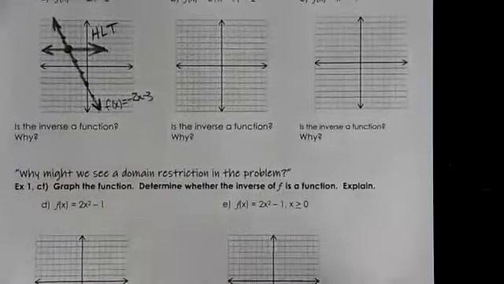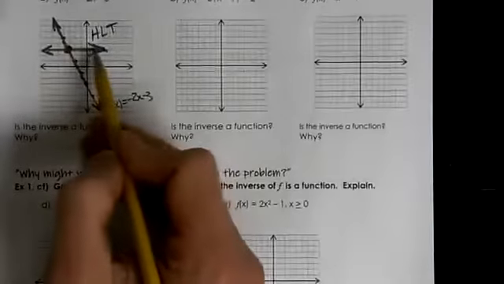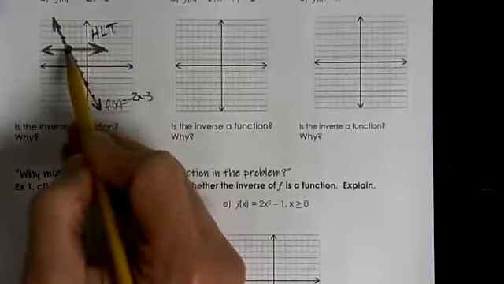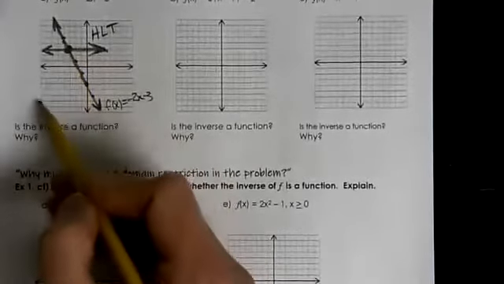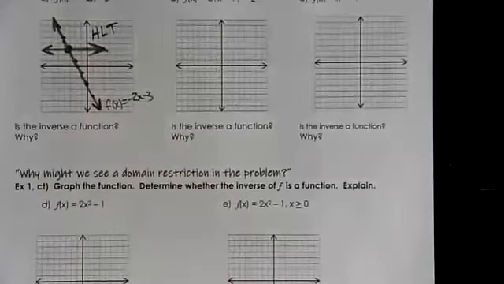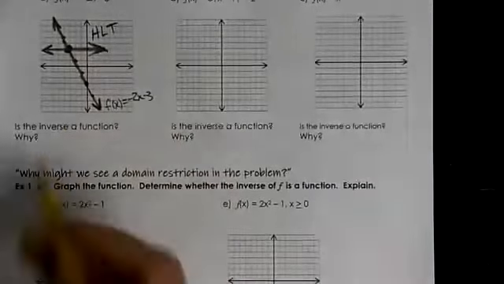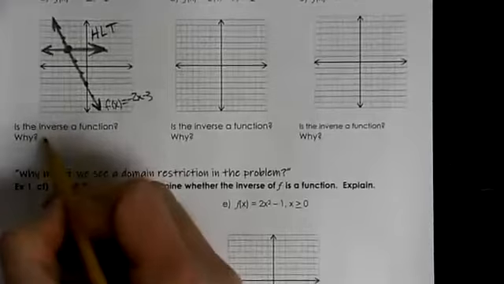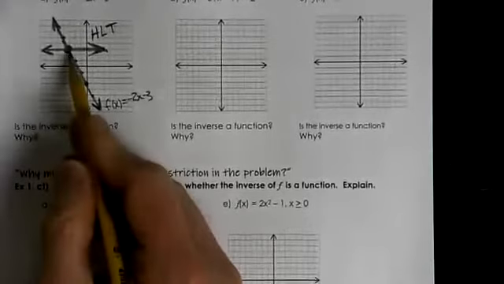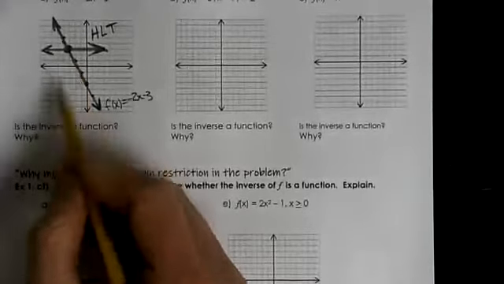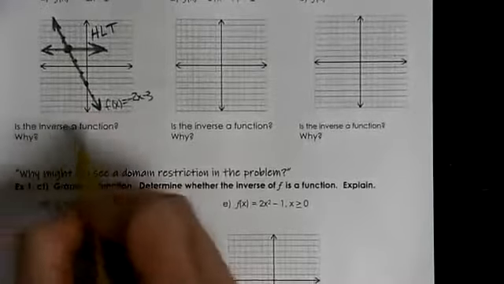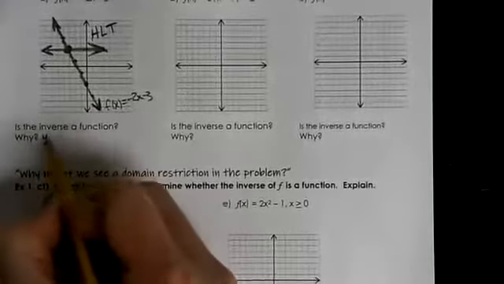I don't know. I can't even see the inverse. Oh, if the horizontal line test is going to cross this once, then it's going to cross the inverse only once for the vertical. All right. So we're going to say, is the inverse a function? The answer is yes.